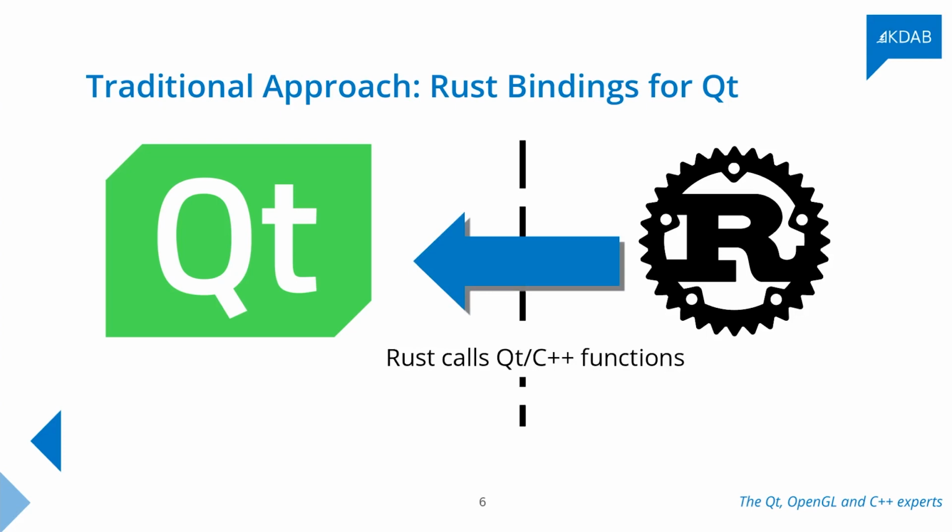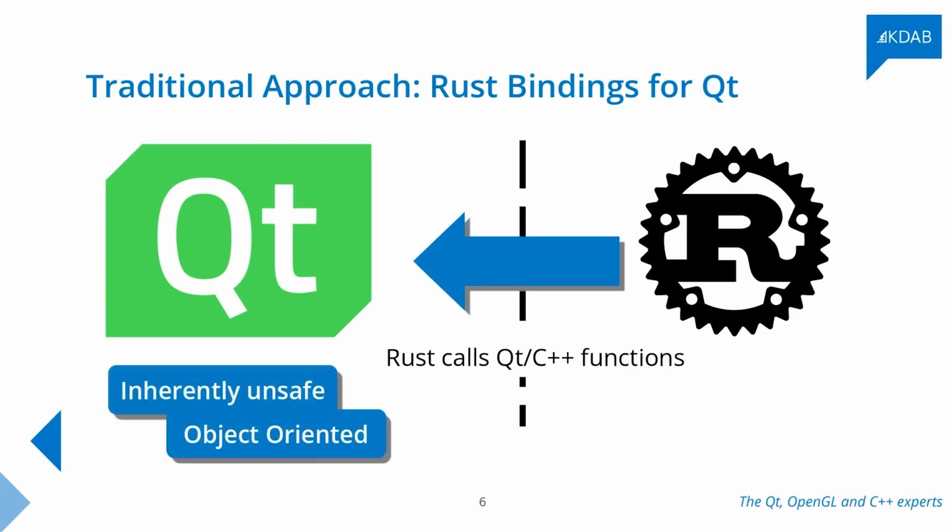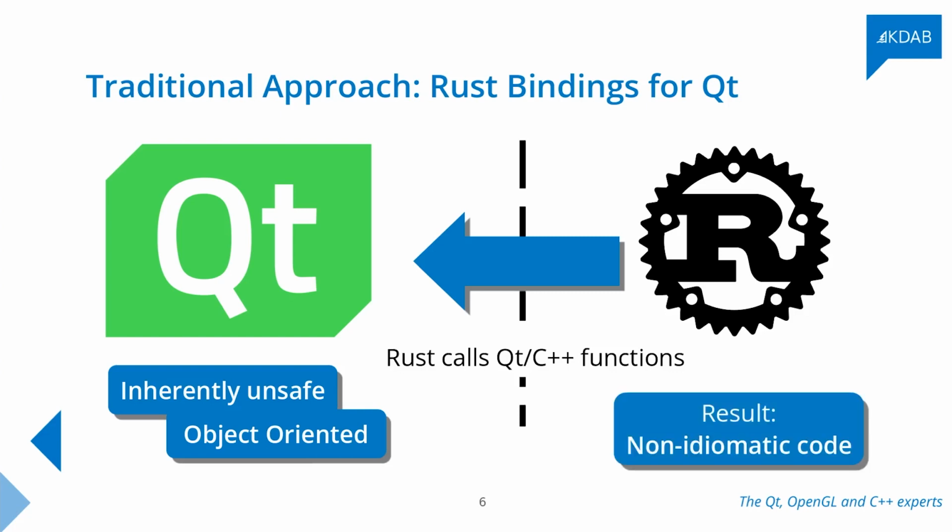However, this has a few problems, especially because Qt is inherently unsafe from Rust's perspective, and is also very object-oriented, which Rust just isn't. That, in the end, ends up making the Rust code very non-idiomatic. You sometimes even lose some of the safety guarantees that Rust can provide you if you have to then start again to deal with pointers, for example, from the C++ side, which are just inherently unsafe, and Rust can't make them safe.